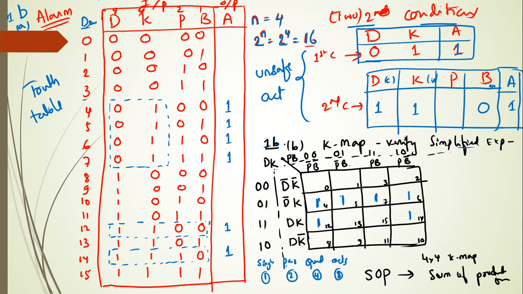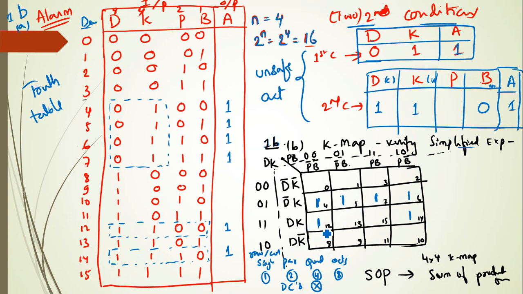If they have given any don't care conditions, then put a cross mark in that particular cell of the K map. Now coming back to grouping, you can do row-wise or column-wise grouping, not a problem. If you see all ones in the rows or all the columns, you can do grouping.